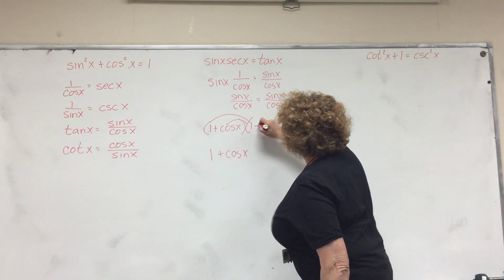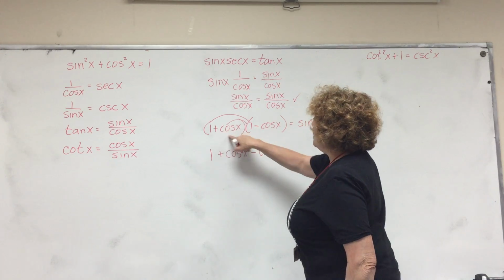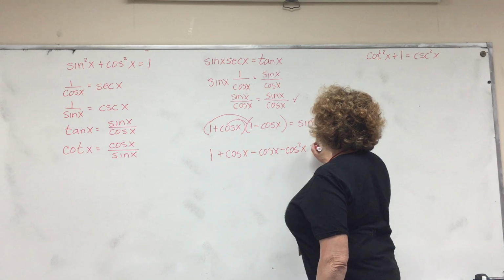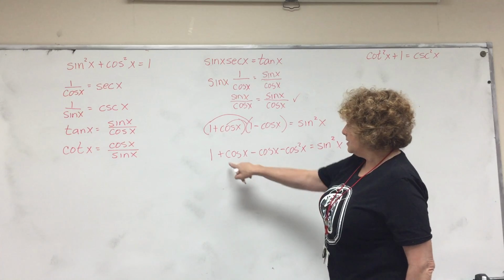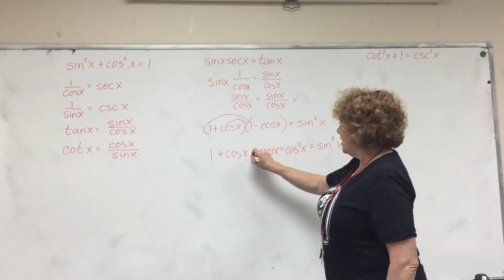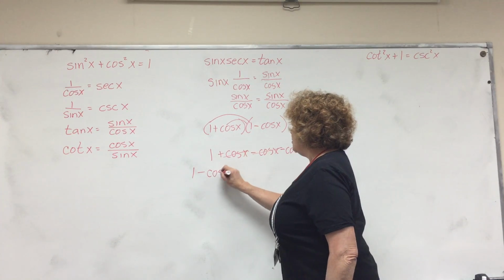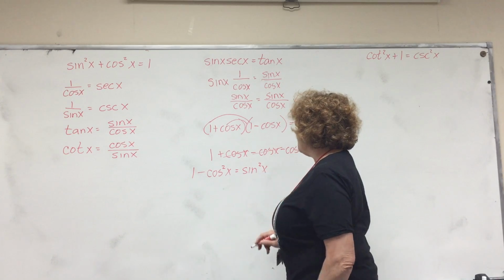So 1 times minus cosine is minus cosine, and plus and minus is minus cosine squared of x equals sine squared of x. So FOIL that correctly. Now look at this. Cosine minus cosine cancels. So I end up with 1 minus cosine squared of x equals sine squared of x.